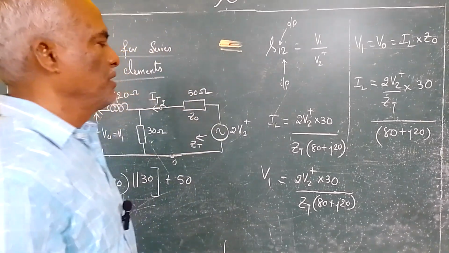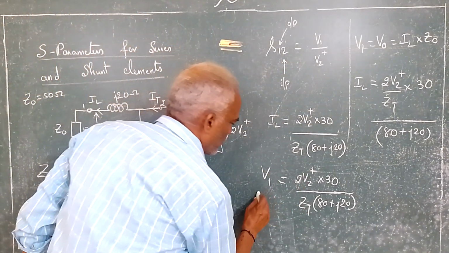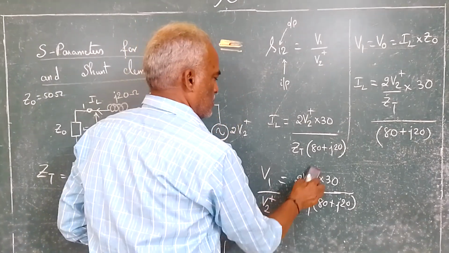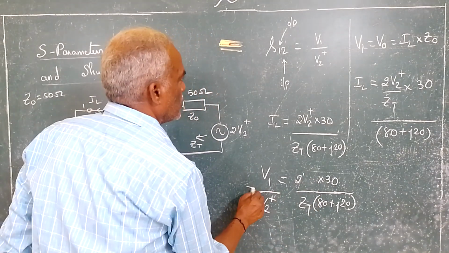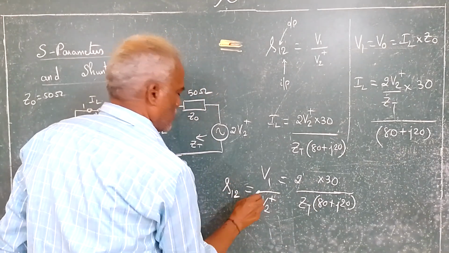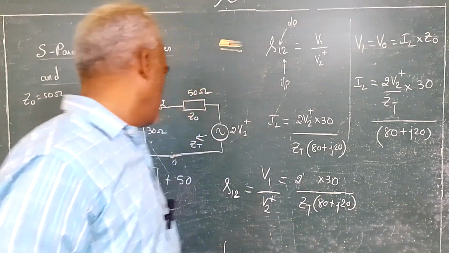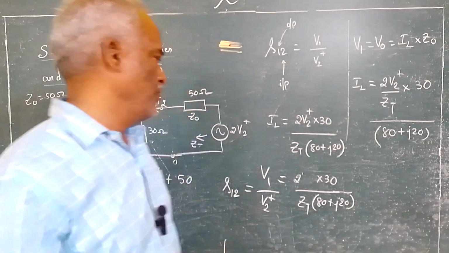So what you have to do is V1 divided by V2 plus, move this V2 plus to this side. So this will give you S12. Now I know all the values, the Zt value I will get from this, multiplied by 80 plus J20.